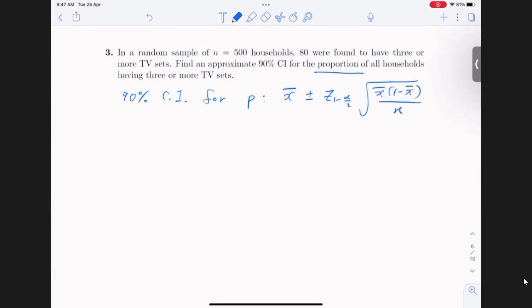So we know which formula we should use. And in this formula, there are some quantities we need to determine. n is the sample size. It is given because n is 500 in the question. This is the quantile determined according to the requirement of the coverage of the confidence interval. So what we need will be the p-hat, which is the sample proportion.